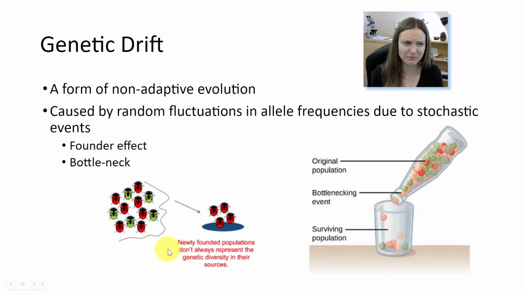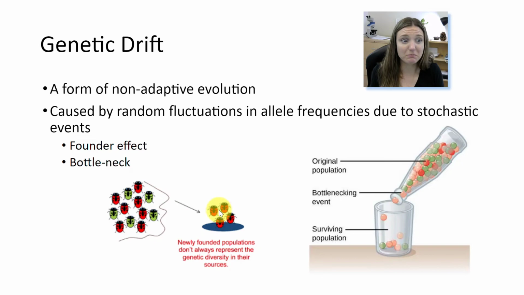So let's say, for example, we have some beetles. These are all the same species of beetle. Some are green, some are red. Let's say a new landmass opens up, right? So some of these beetles are going to move from the mainland to an island. And just due to random chance, only the red beetles made it. Just randomly.